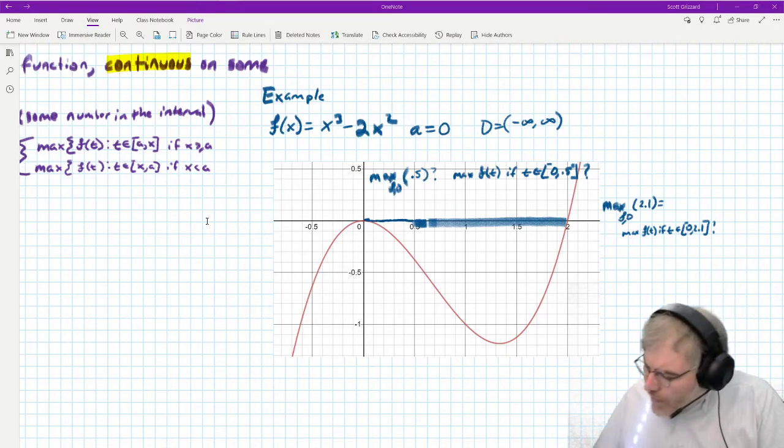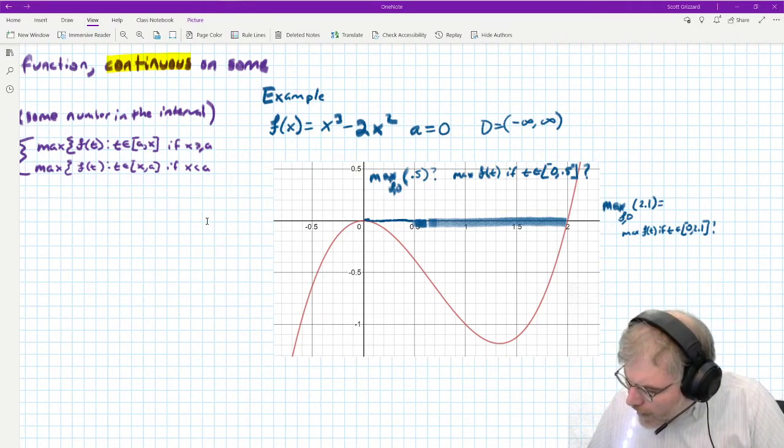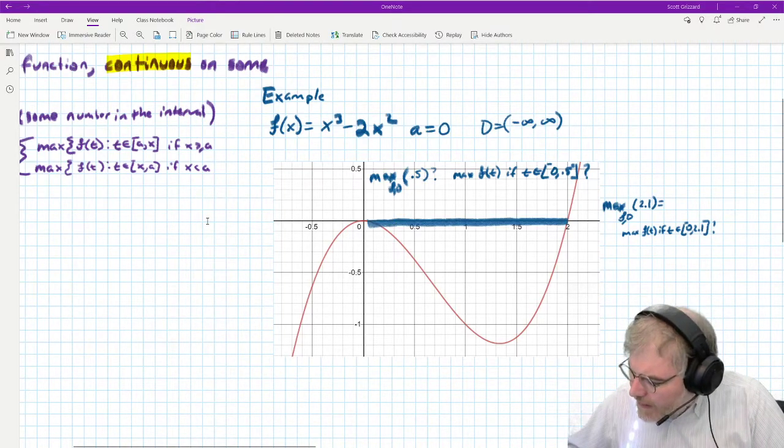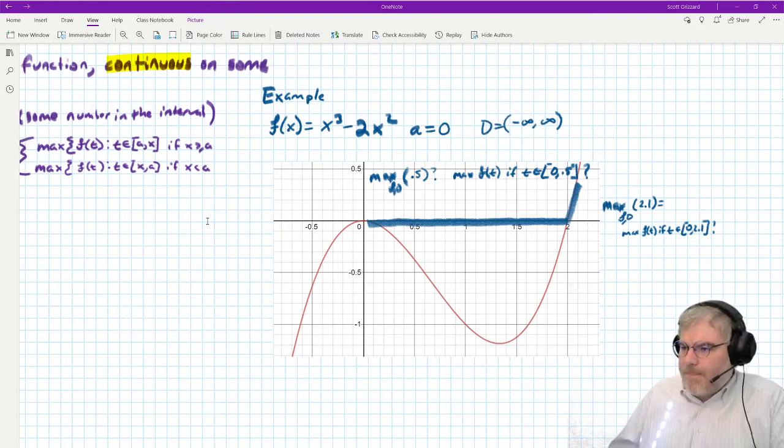No, it's not 0 anymore. If x is 2.1, it's bigger than this, isn't it? So my max function, when I go along, is 0, 0, 0, 0, 0, but it hits this 2, and then it starts increasing. It's bigger than 0.